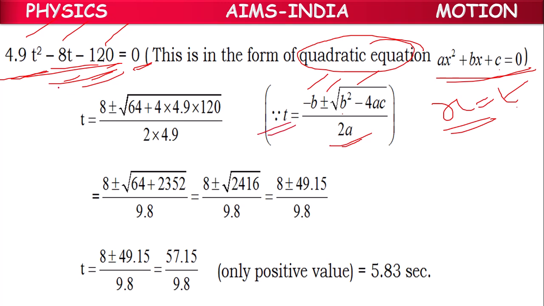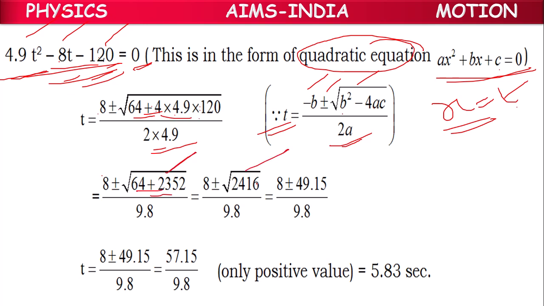So t equals minus b, so minus of minus 8, plus or minus root of b square, 8 square, 64, minus 4ac, 4 into a value 4.9 into c value minus 120. Minus into minus is plus, by 2 into 4.9.